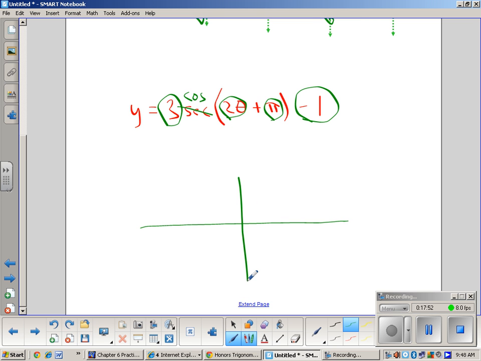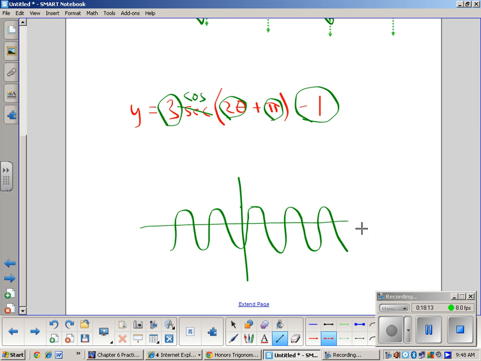Cosine. It had a phase shift of something, so let's go over here. Say it looked like that. Then I would put in my midline that was negative 1, and I put in my asymptotes, which were wherever it was 0.